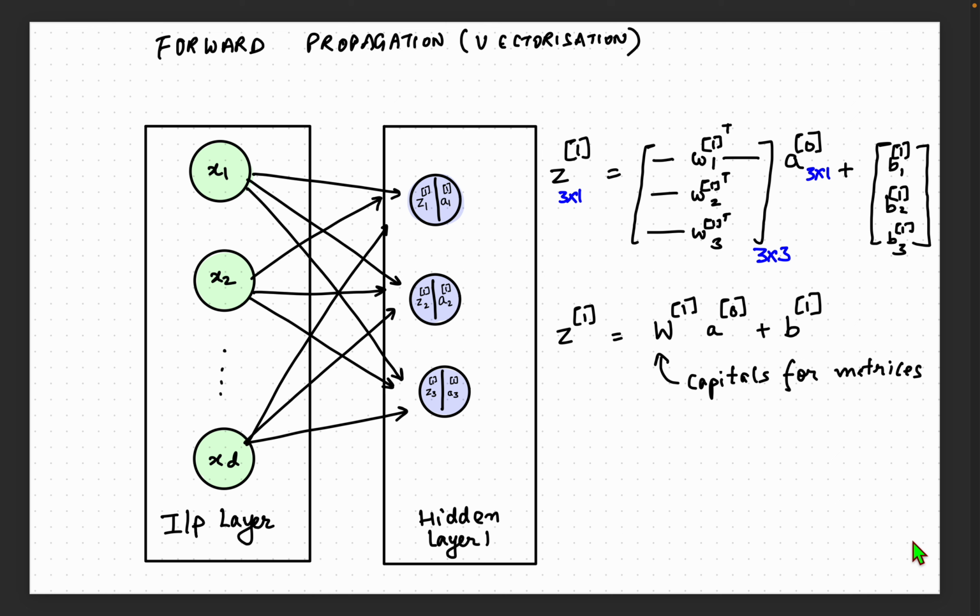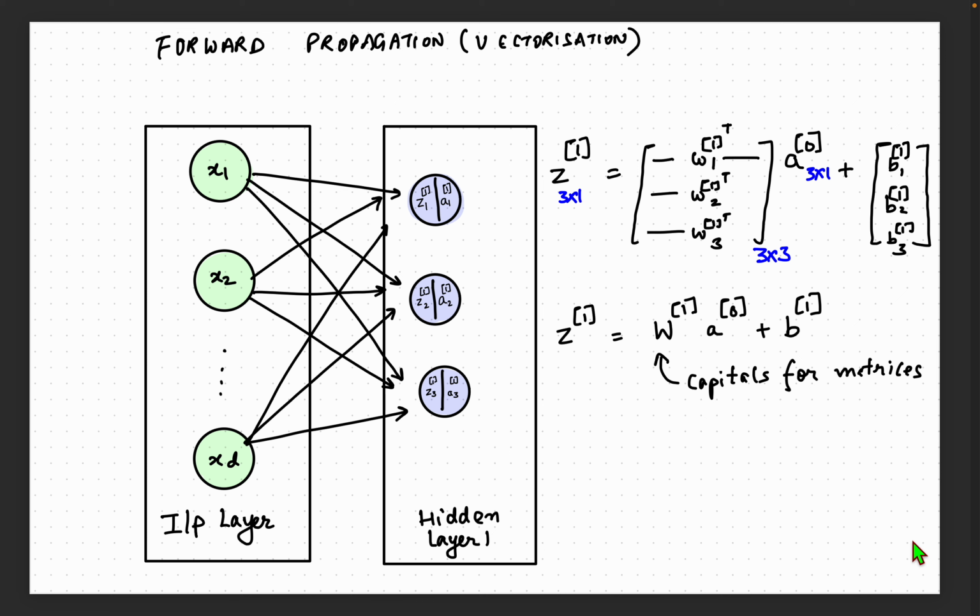Okay, once we do this operation, we can rewrite it in a more general format where we call this Z1, where, if you remember, the superscript denotes the layer number. So when I call Z superscript 1, I mean it is the summation term of layer 1.